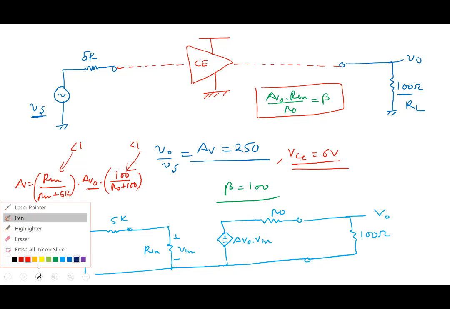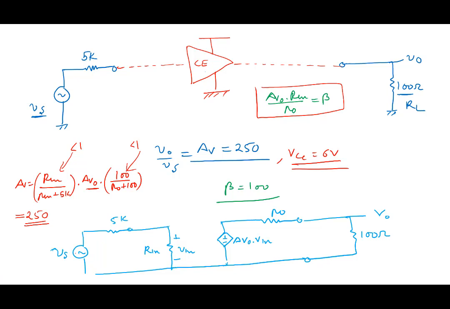Let's say I choose Rn equal to 5K, and let's say I choose R0 of 100. These are tentative. Design will never occur in one step. Design is always iterative.